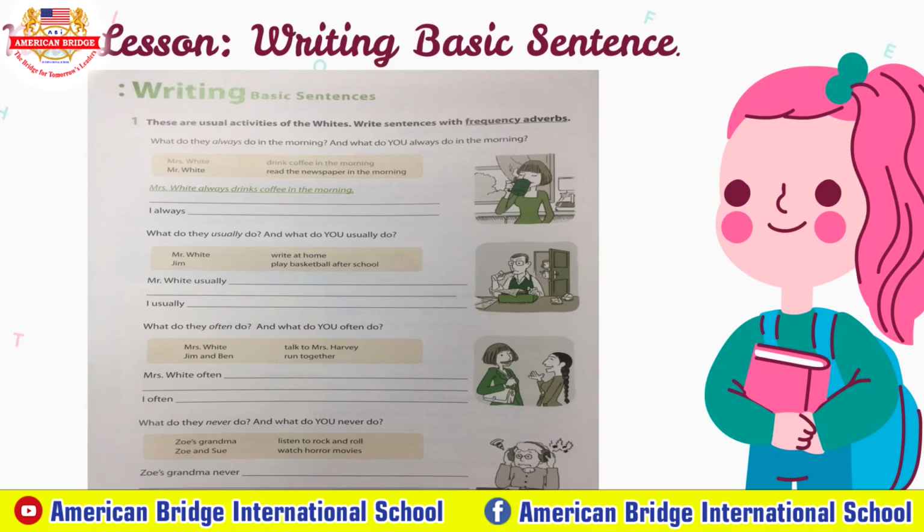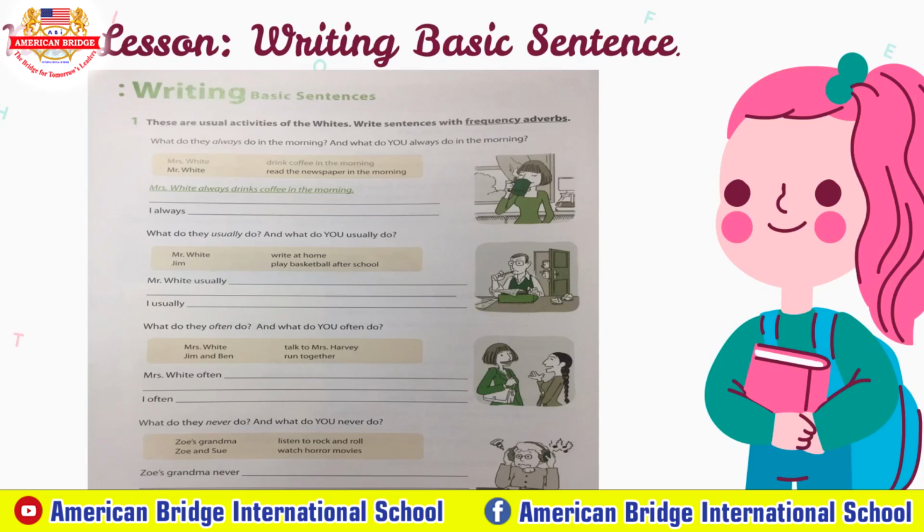Now we have 2 different sentences. The first one we have an example already. Mrs. White drink coffee in the morning. So we have a blank there. Now you need to rewrite it on the blank below, as it's shown in our textbook example.